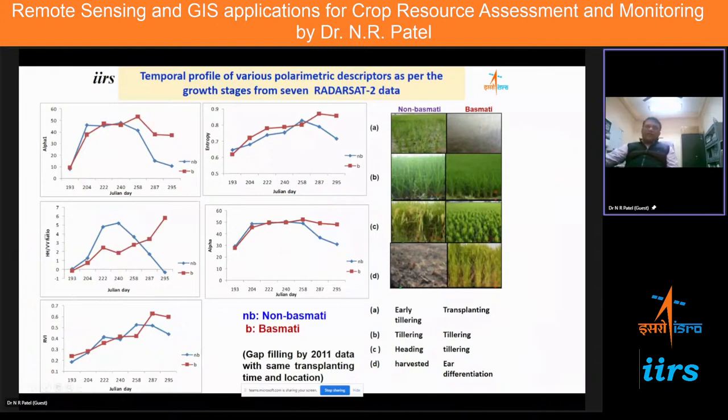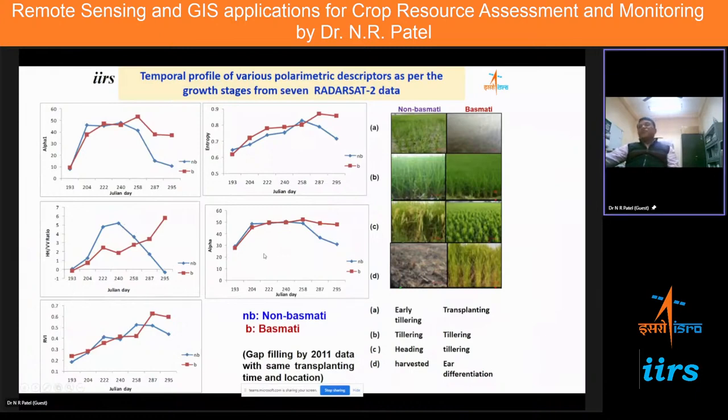So here you can see basmati and non-basmati varieties. With multi-date data, here we have used seven dates of satellite data. Different parameters are there also, HV and VV polarization ratio, radar vegetation index, alpha, all computed from the microwave backscatter in the different polarizations.